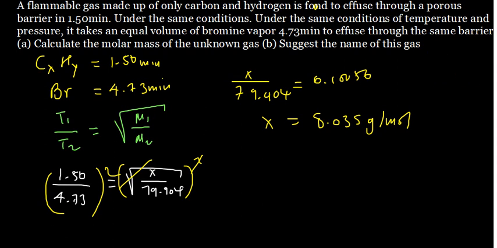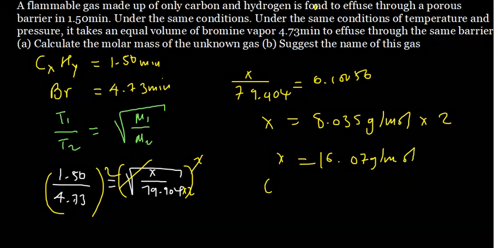It was supposed to exist as a diatomic gas, right? So this value multiplied by 2. When we get this answer, we multiply it by 2, and that is going to give us about 16.07 grams per mole.